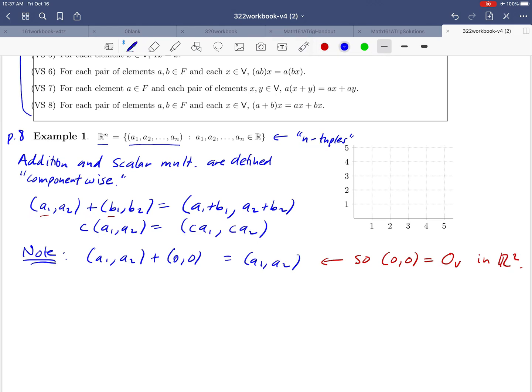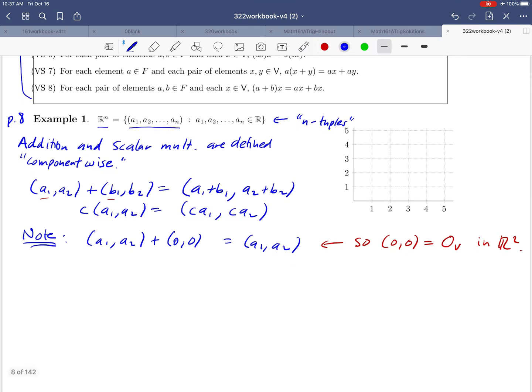Okay. Now it's convenient in this particular vector space to be able to visualize vectors. And so this is something that you might remember from previous courses. Geometrically, vectors in Rn can be thought of as either points or arrows.